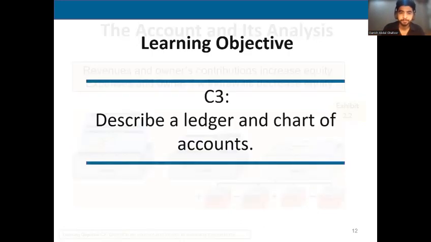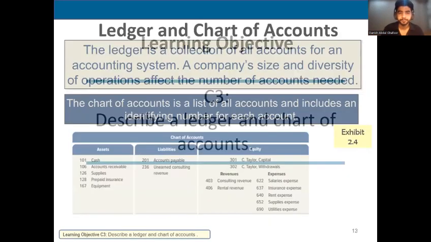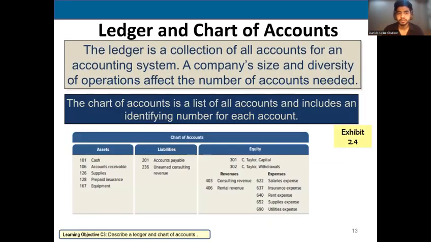Let's go ahead. Describe a ledger and chart of accounts. Now we are going from transactions or accounts to the ledger. What is a ledger? The ledger is a collection of all accounts for an accounting system. A company's size and diversity of operations affect the number of accounts needed.